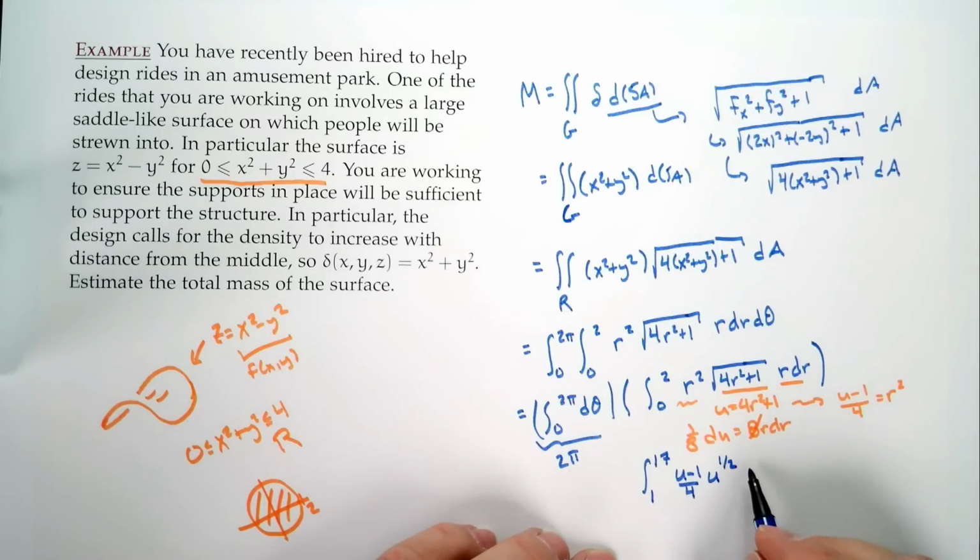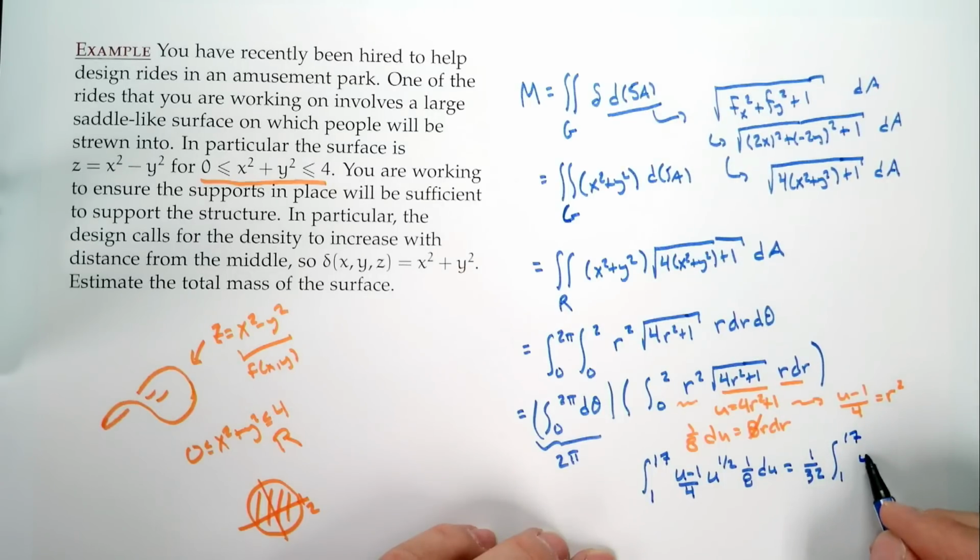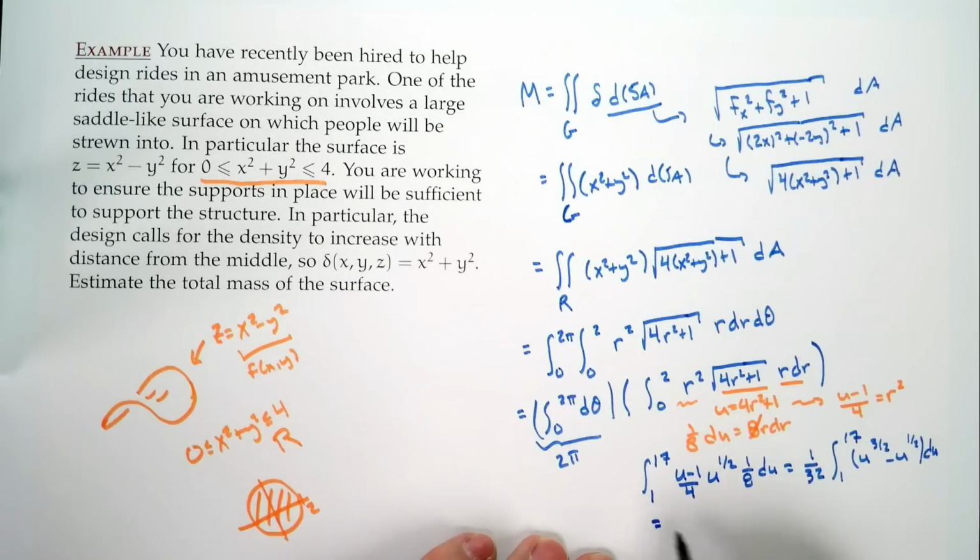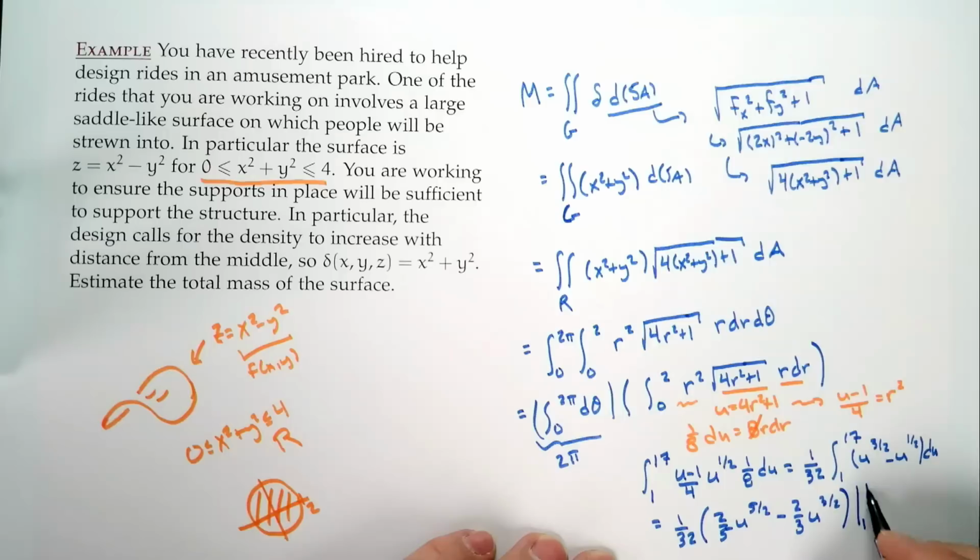And r dr is 1/8 du. So this is 1 over 32 times the integral from 1 to 17, u to the 3/2 minus u to the 1/2 du. And that is 1 over 32 times, we raise the powers, 2/5 u to the 5/2 minus 2/3 u to the 3/2 evaluated from 1 to 17.